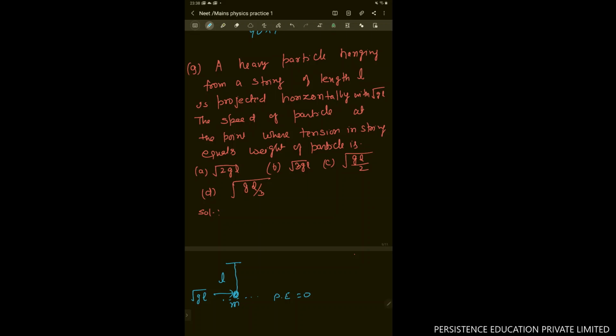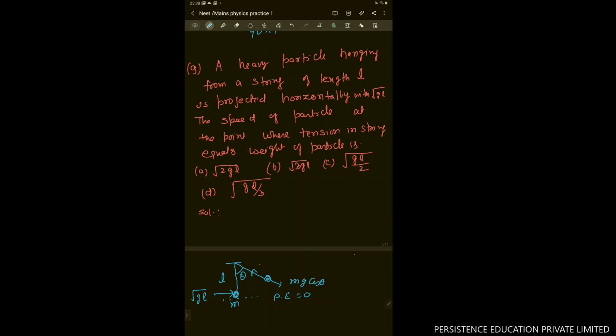Now suppose this happens at angle theta, when the ball has moved such that it is making the angle theta with the initial position. In this case, here it will be mg cos theta.